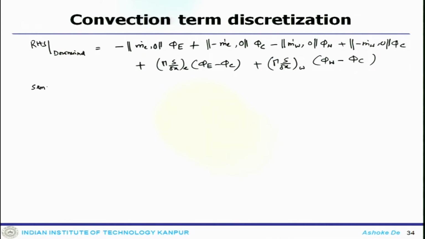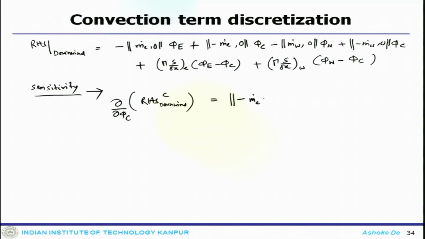Now, the sensitivity analysis shows that the right hand side due to phi C of the downwind scheme for the convection part will lead to minus m dot E 0 plus minus m dot W 0.